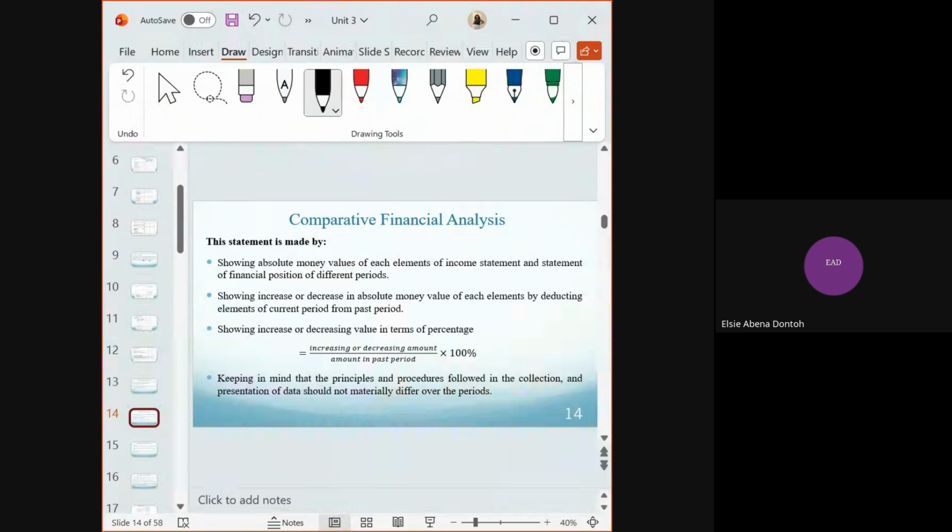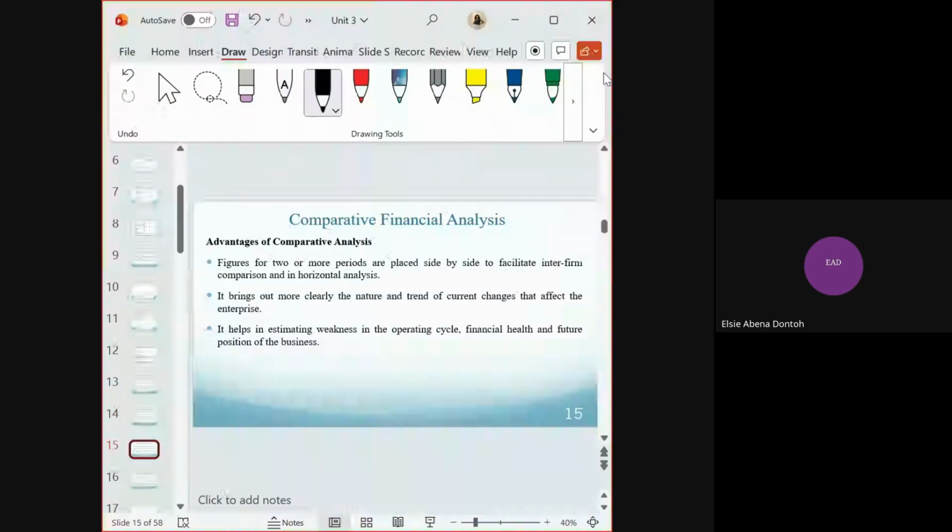Keep in mind that the principles and procedures followed in the collection and presentation of data should not be materially different over the periods.